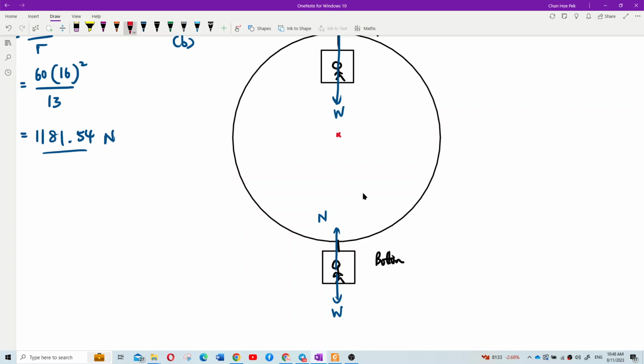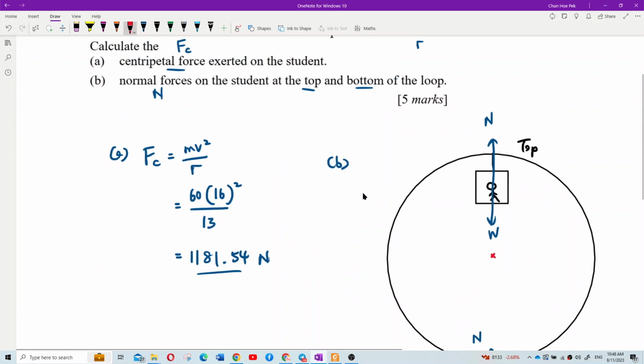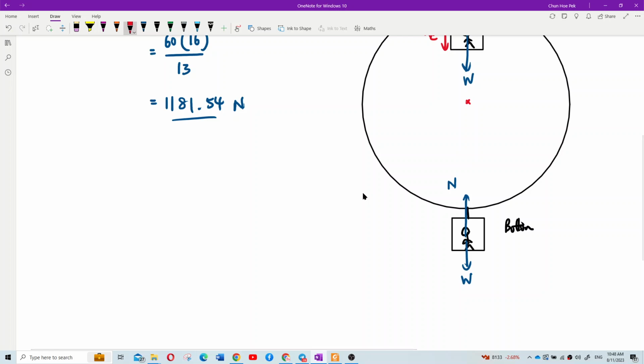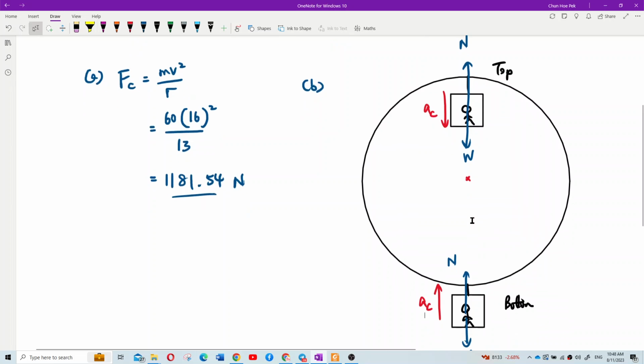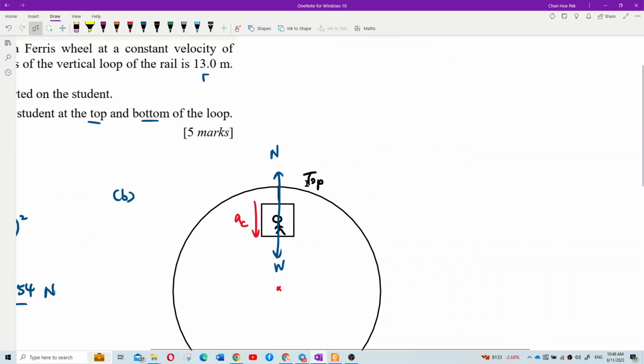The centripetal acceleration is towards the center of the circle. So it asks you to find the top and bottom normal force.